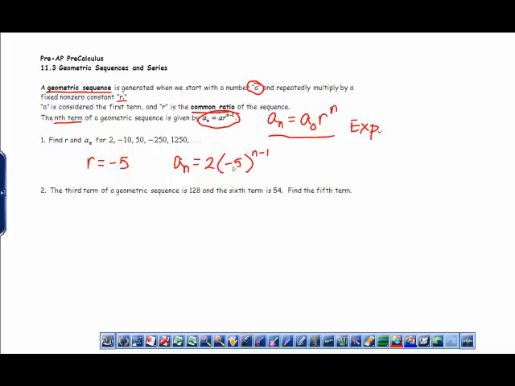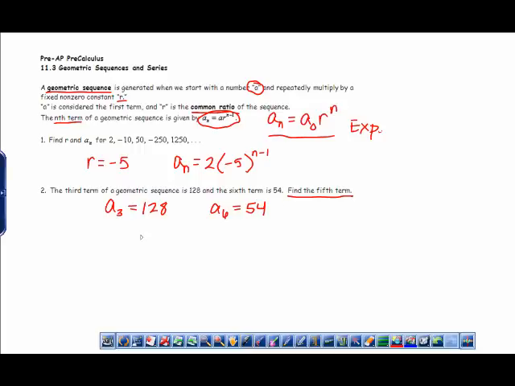All right, so this is a different type of question. It says the third term of the geometric sequence is 128, and the sixth term is 54. So I'm going to write that out, and then now we need to find the fifth term. So obviously you could use logic to figure out what you're multiplying by, and then go back one from 54 to figure it out.